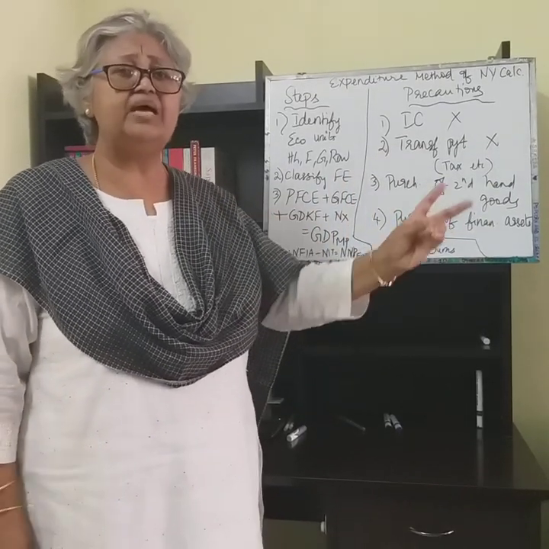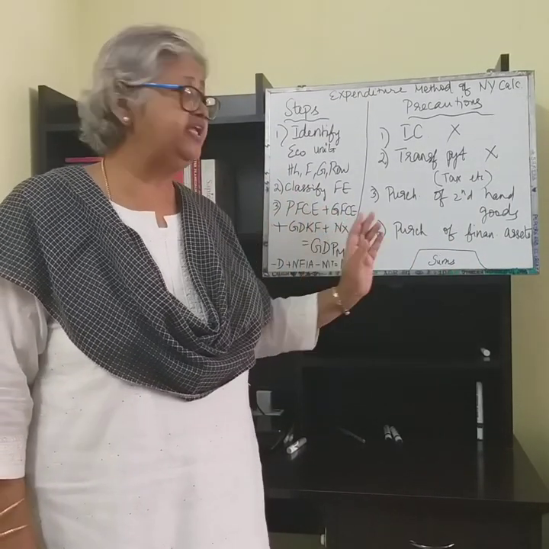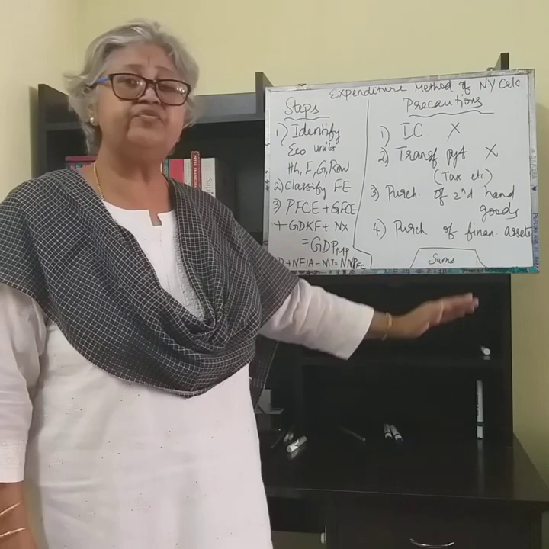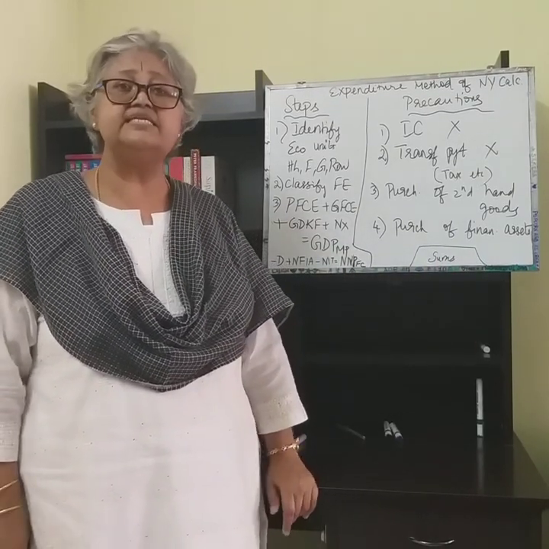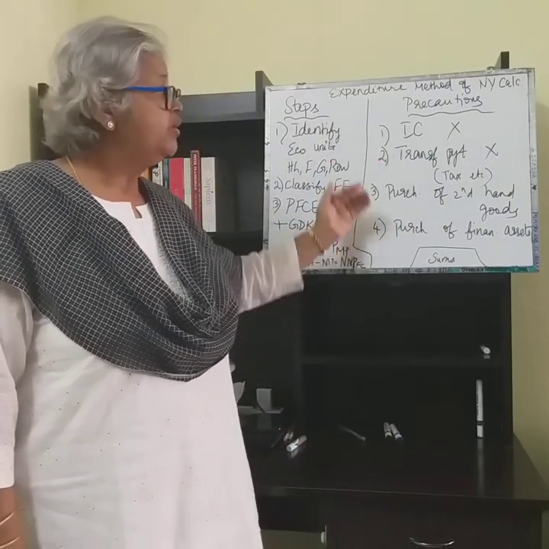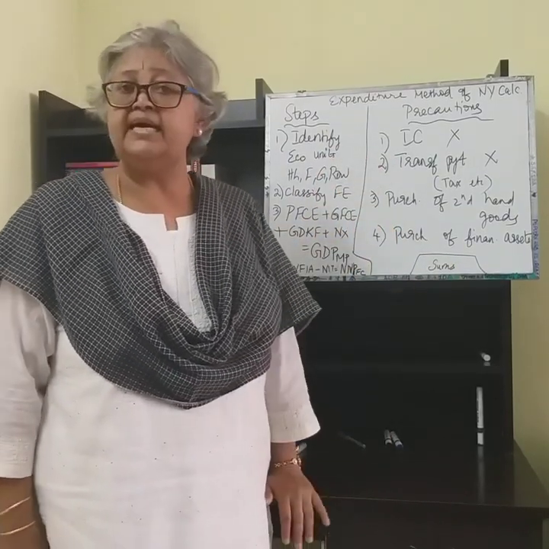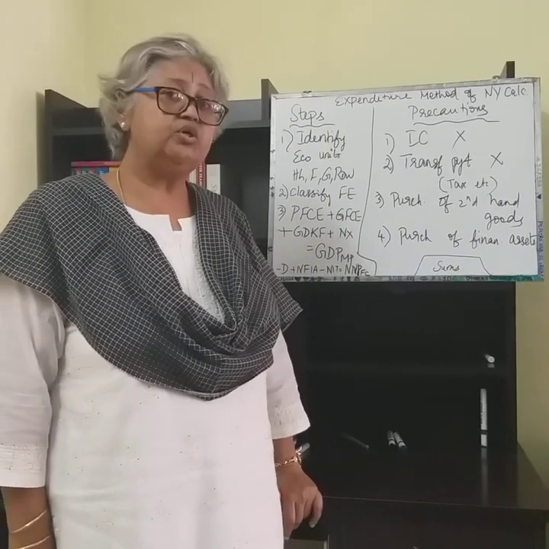It passes on from one person to the other. It's not as a result of any productive activity. So purchase of such financial assets, being transfers, will not be considered under this particular method. So these are the 4 major precautions that one has to undertake to calculate national income through the expenditure method.